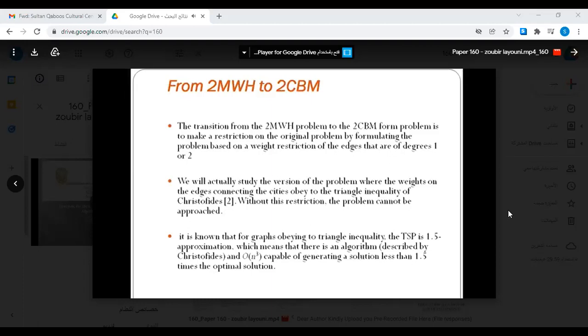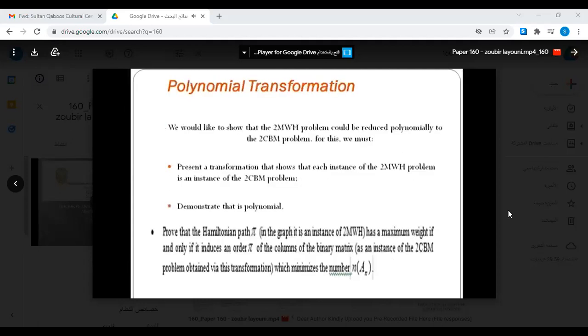Without this restriction, the problem cannot be approximated. It is also known that for graphs obeying the triangle inequality, the Traveling Salesman problem is 1.5-approximable, which means there is an algorithm capable of giving a solution less than 1.5 times the optimal solution.